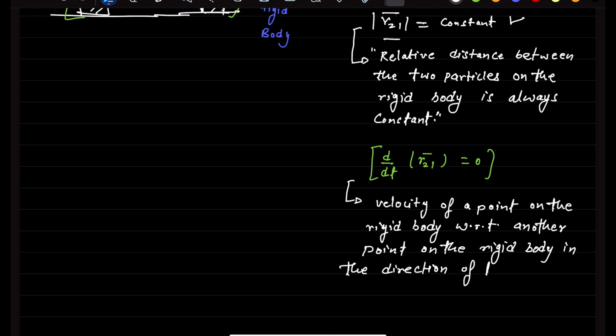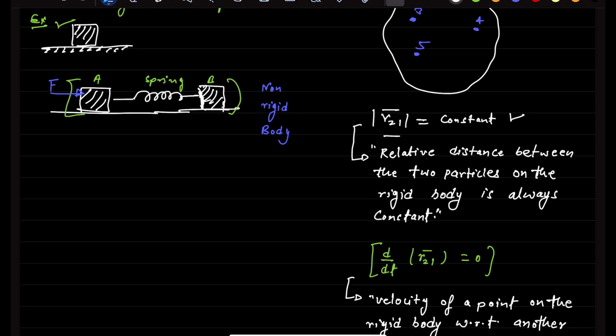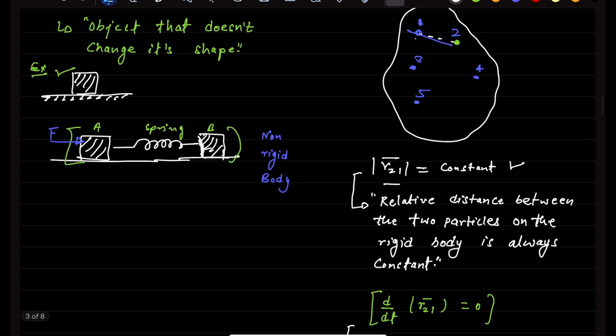That's why there will not be any velocity of a point on the rigid body with respect to another point on the rigid body along the line joining them. I think you understand, right? Because the relative distance is not going to change, r21 magnitude will not change. And if r21 magnitude will not change, then there should not be any relative velocity in the direction of the line connecting 1 and 2.